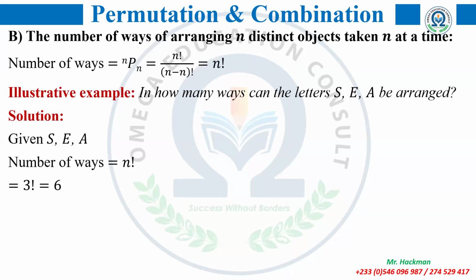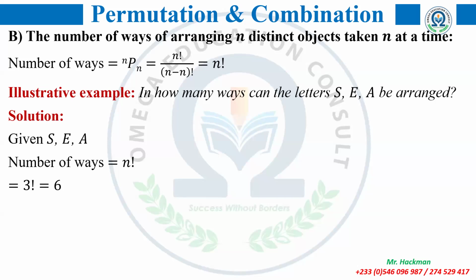Where you are arranging all of them, we can choose to tell you or not. But where you are taking parts of them to arrange, we have no option but to tell you the number you are taking out of the total number of objects. Is that clear?